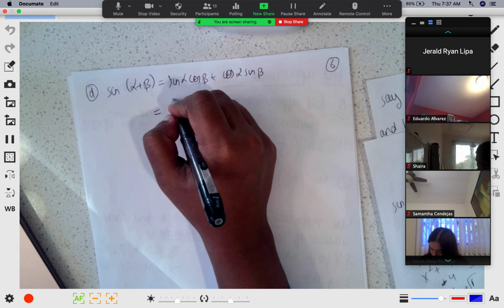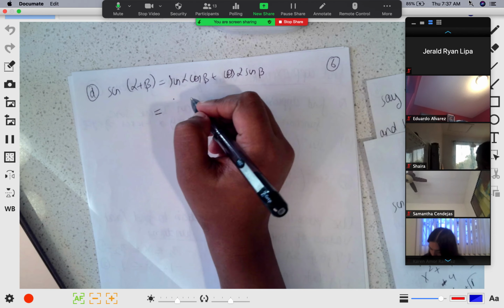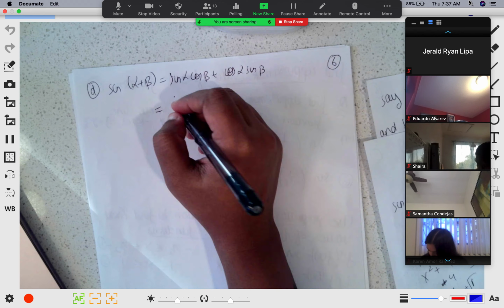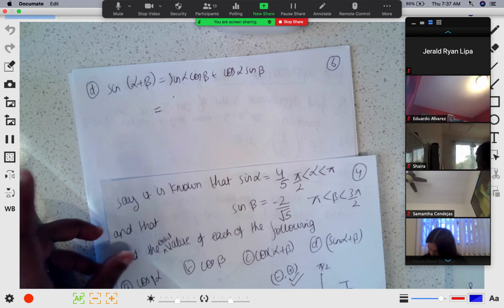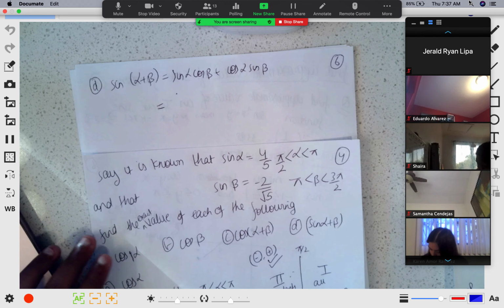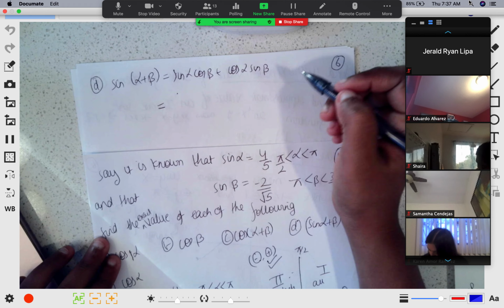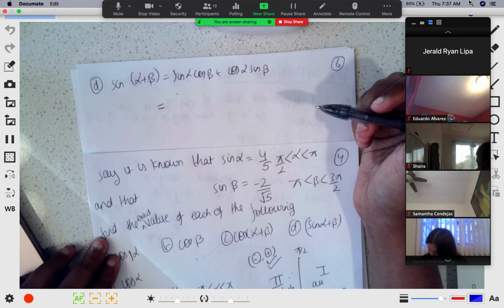Yeah, I'm kind of stuck on it. In the question, it's given. Sine alpha was given in the question. Oh, can I see the question again? Oh, okay. 4/5.